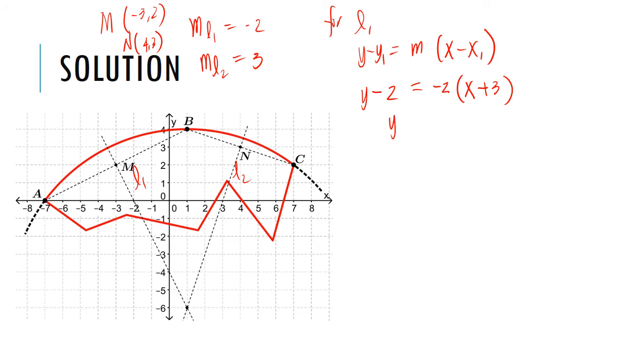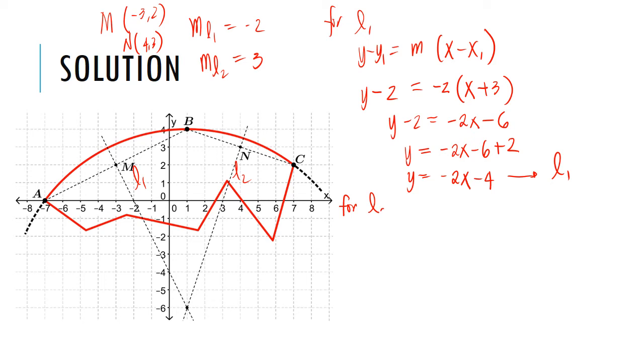Simplifying first, y minus 2 equals, distribute negative 2, we get negative 2x, negative 2 times positive 3, that is negative 6. So we get y equals negative 2x minus 6, transpose negative 2, we get positive 2. Then y equals negative 2x minus 4. This is the equation of line 1.